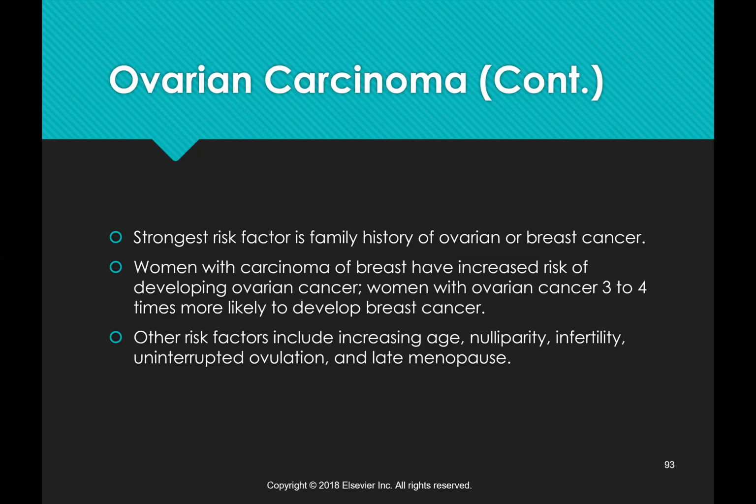The reason is the more times you ovulate, the higher your chance of getting ovarian cancer, because of the estrogen increases. So if you breastfeed, you have a longer period of not having menstrual cycles, and that decreases your risk of ovarian and breast cancer in the long run. So that's another reason to breastfeed.